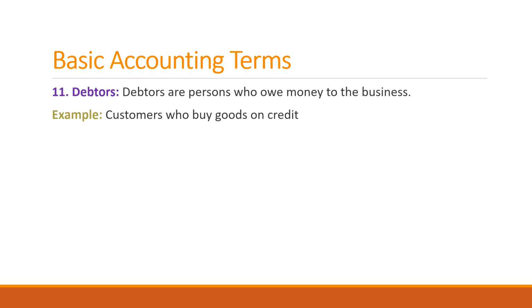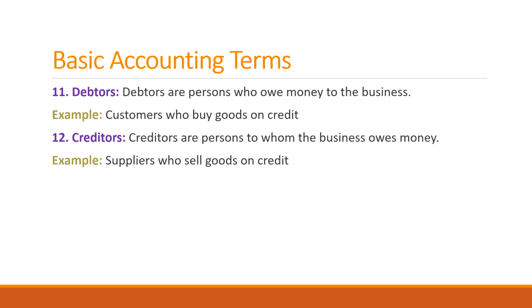Next, it is about debtors. Debtors are persons who owe money to the business. For example, a customer buys goods worth 2,000 rupees and promises to pay later. So that customer is called a debtor. Next, let us check the meaning of creditor.